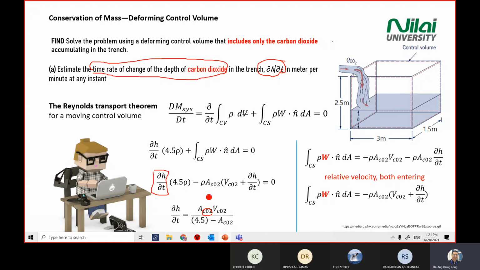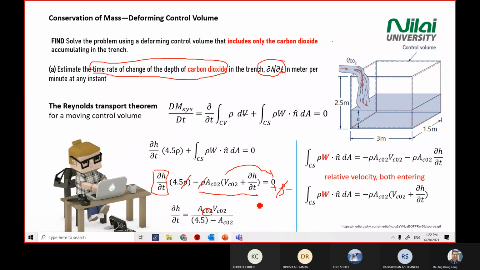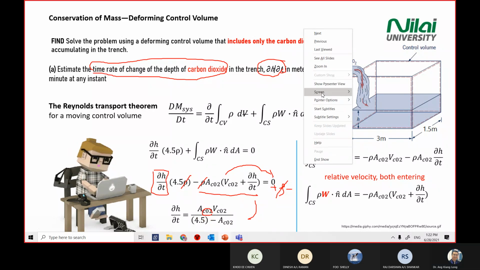Okay, why can you cancel the rho? Because of the mathematical model. You move this whole thing to the right, it becomes positive, rho something. Then both sides rho is the same. You're looking at CO2, so you can cancel rho on both sides. So that's why you do not see the rho in this section.